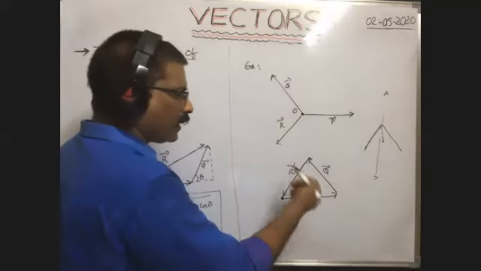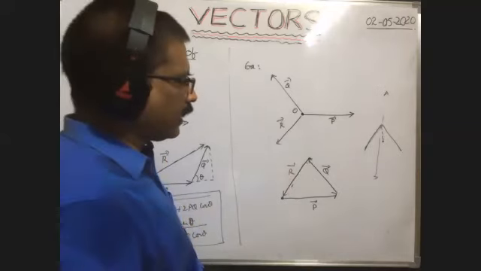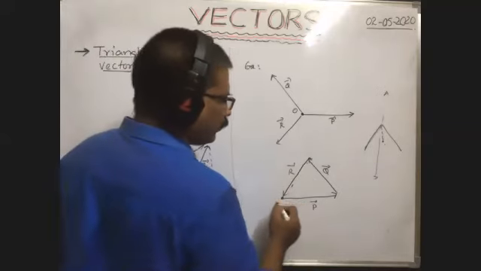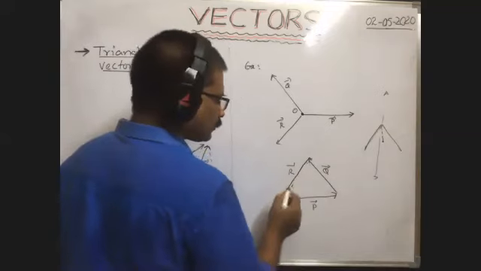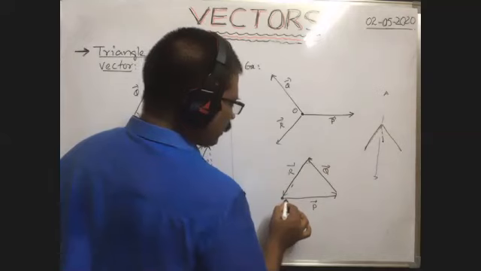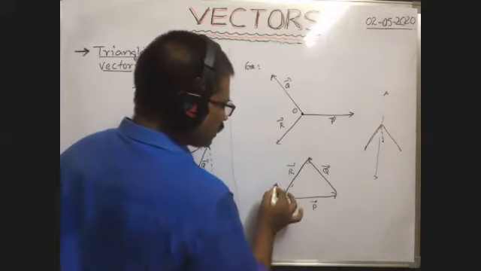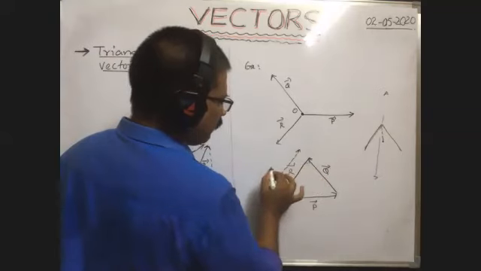You see, you apply the triangle law here now. Actually, P bar plus Q bar is equal to this one. Suppose you reverse this vector R bar, then we can write minus R bar.